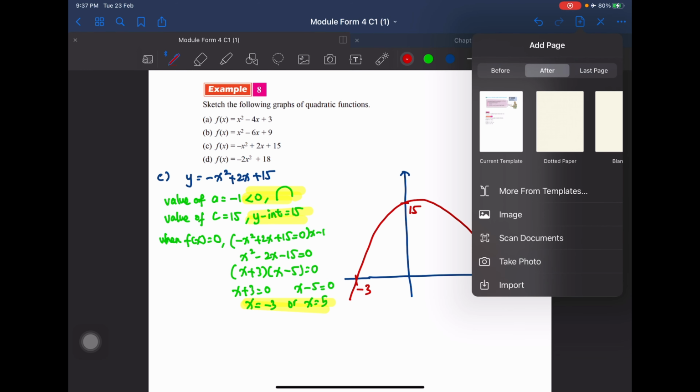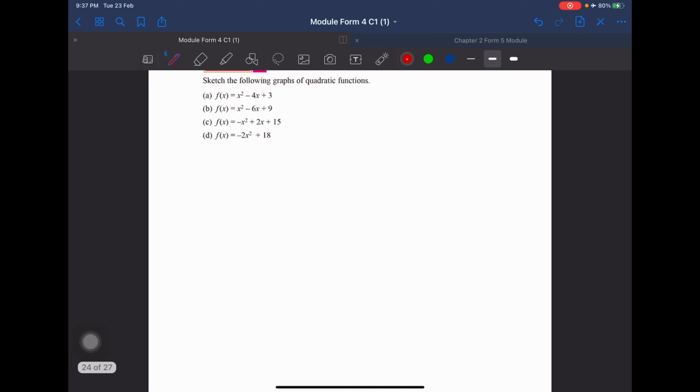Next, we have a look at D. Tunjuk jugalah. Okay, D we have fx equals to negative 2x square plus 18. Okay, so kita evaluate one by one. So value of A is negative 2. Negative 2 is less than 0. So our shape is sedih. Okay, and then tengok sini.